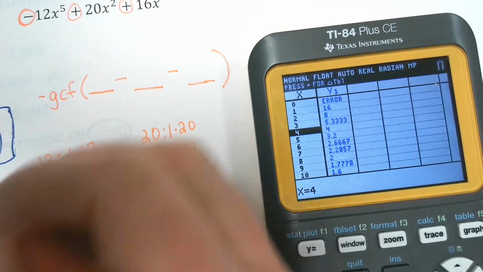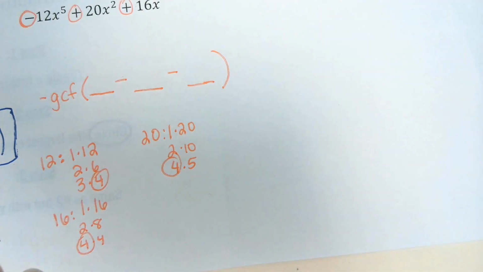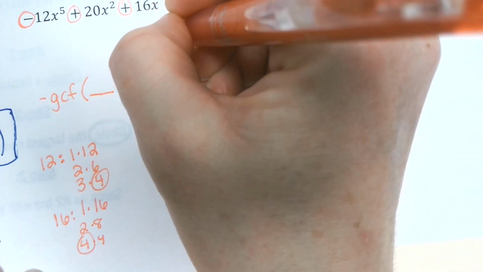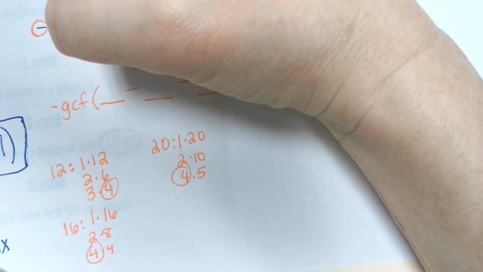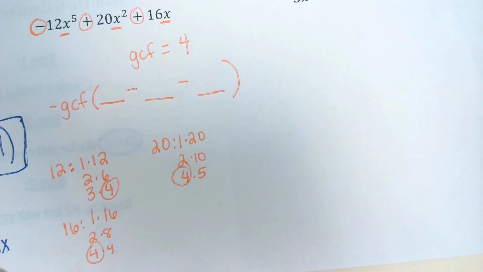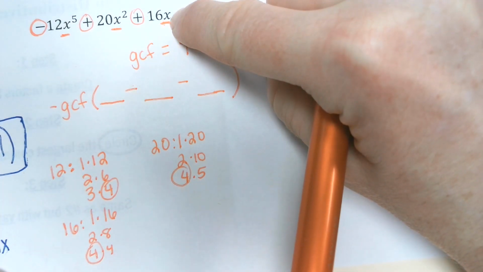Yep, 4. So my GCF is 4. And the last step is look at your variables. x5, x2, and x. They all have an x, so that means it's going to be included. Pick the smallest exponent. Just x.